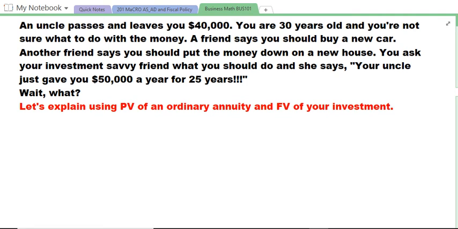So first thing we're going to do is we see that, all right, we got $40,000. Now, you need to figure out, well, what does that mean, $50,000 a year for 25 years? So remember, we talked about an annuity, and an annuity is a stream of payments. So what we're going to do is we want to figure out, hey, I want to retire. And when I retire, so imagine you're 30, and you say, I'm going to work till I'm 70.